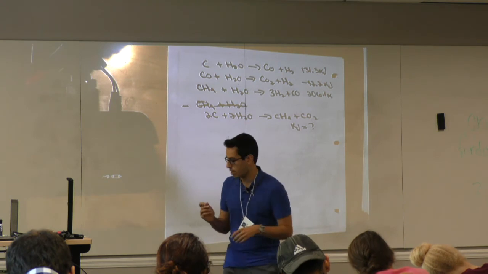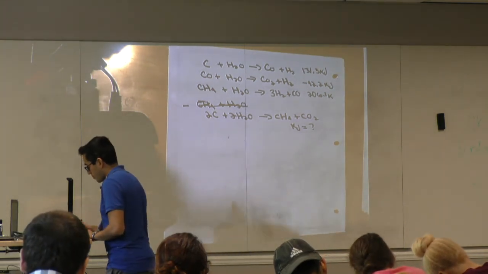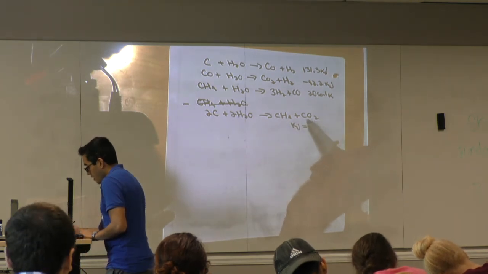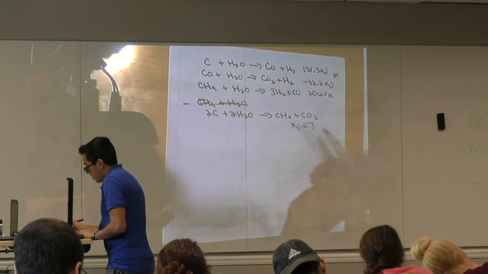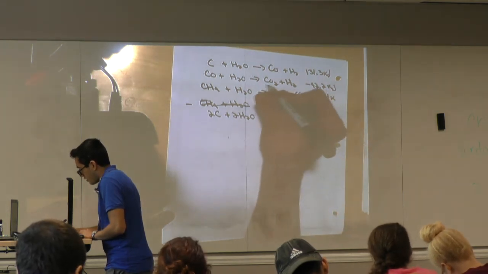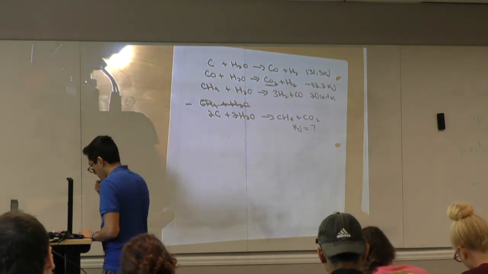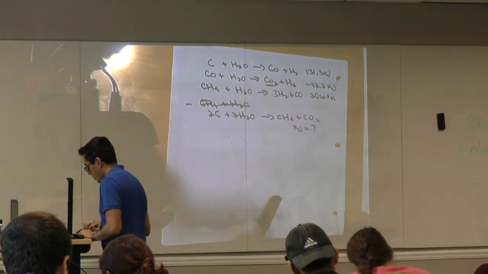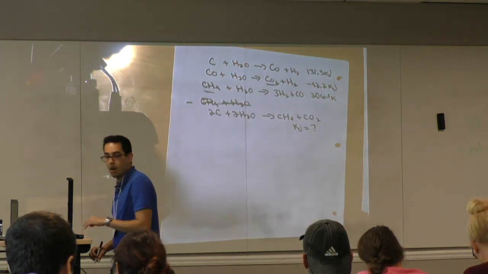So we know CO2 and CH4 must be on the right side. CO2 is here, on the right side, and there's no other CO2, but CH4 is here, which is on the wrong side.